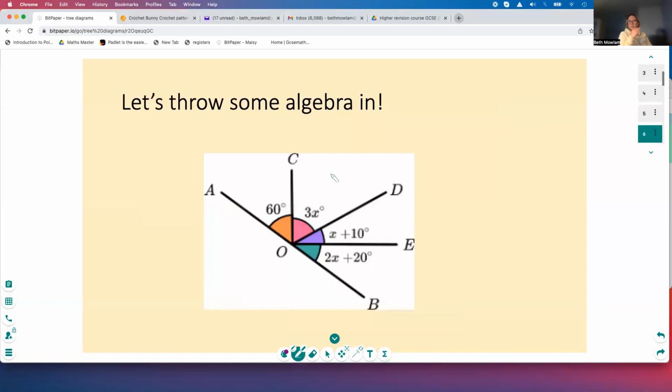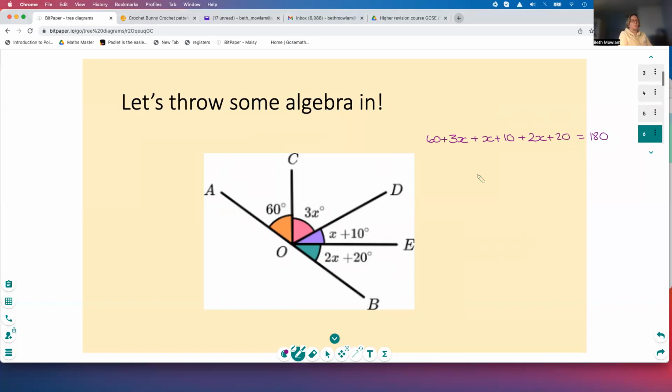We know that angles on a straight line add up to 180. So we know that 60 plus 3x plus x plus 10 plus 2x plus 20 is 180. We know that. It's our rule. So then let's collect our like terms.